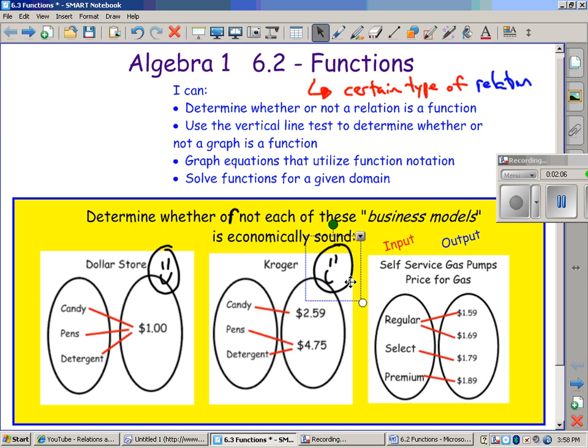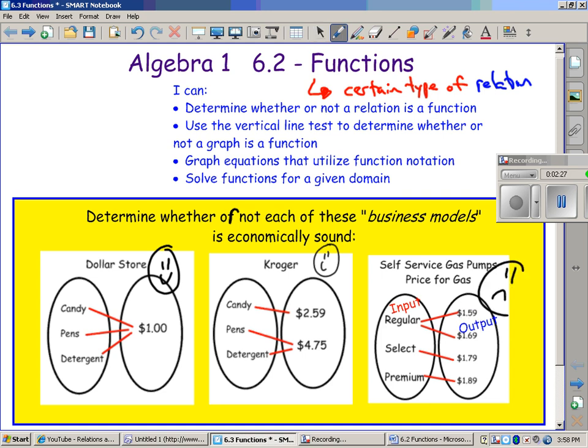Now we look over here. Suppose you go to the self-service gas pump and you look at the price of gas. You look at one pump and the first pump says regular gas is $1.59, and then you go to a second pump and the second pump says that gas is $1.69. Is that okay? And the answer is no. That's not good.